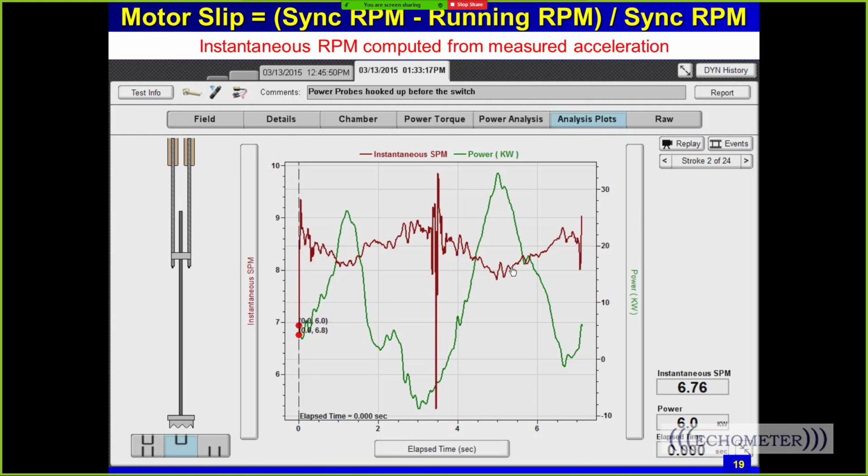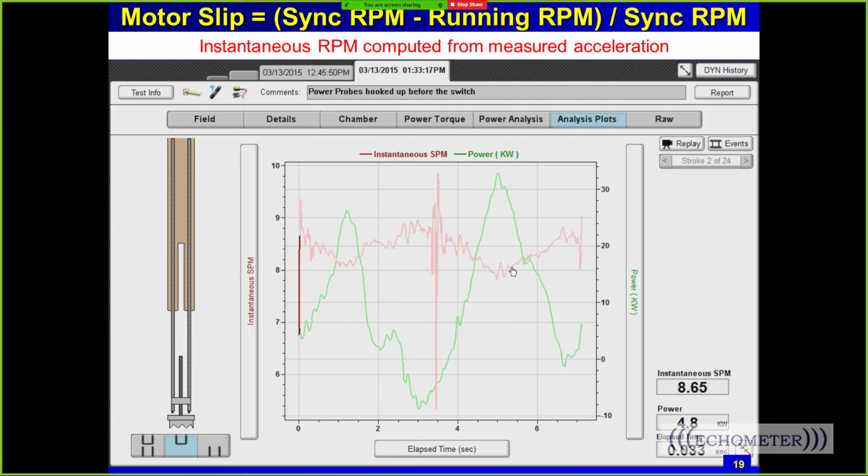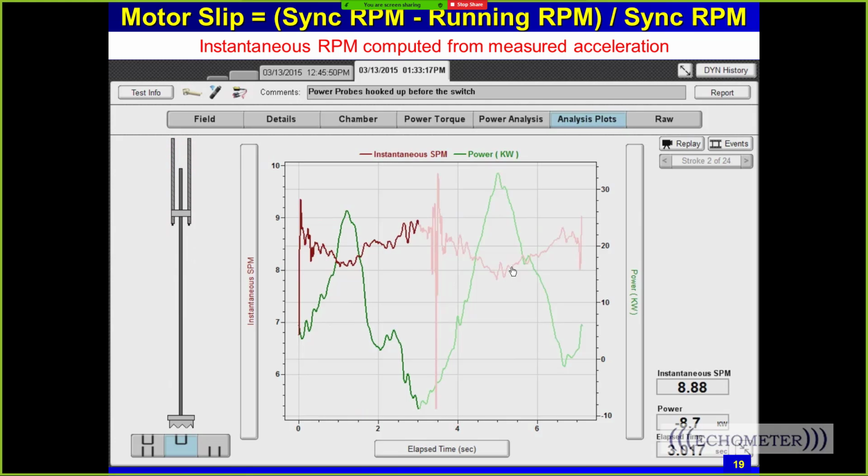A NEMA D motor is designed to slow down when the peak torque occurs and slip and not draw as much current. If you had a different kind of motor called a NEMA B motor, it wouldn't slow down as much, and it would draw more amps, more current, and it would thermally load the motor, and it'd make it easier to burn the motor up.